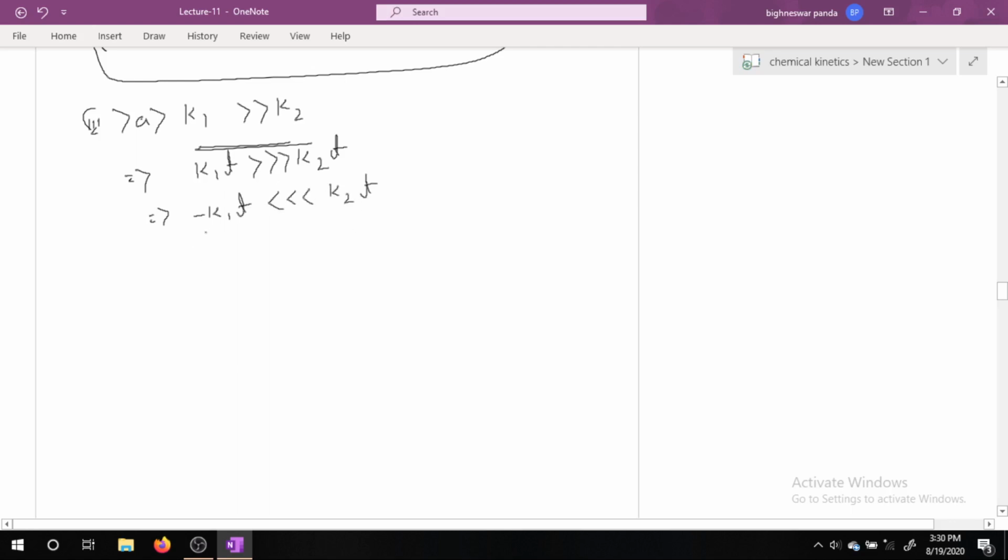So if minus k2t is very small, I can write simply e to the power minus k2t tends to 0.